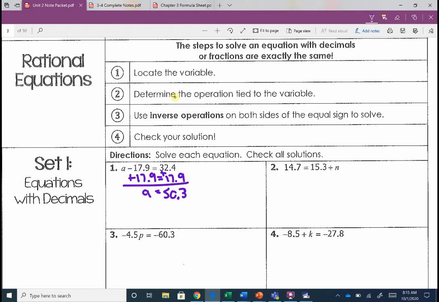50.3. I put that back in and I check. I realize for some of us now we're thinking, oh, I really don't want to show my work now because now those numbers are bigger because they're decimals. We still want to show our work. Okay, I don't know your thought process unless you write it down for me. So if I walk around and I see that number one has the wrong answer, I don't know how you got it.